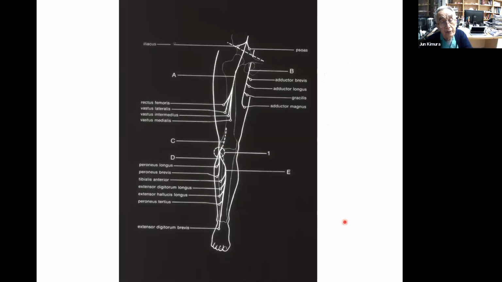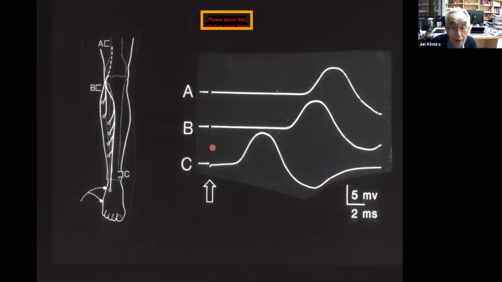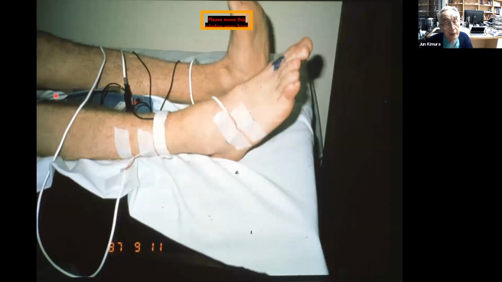The same for the leg. I might tell you, the peroneal nerve, or the newer term, the fibular nerve. You can press the fibular nerve against the fibular head. When that happens, normally you get this kind of response. And when you pinch the nerve at the knee, you develop foot drop, right?